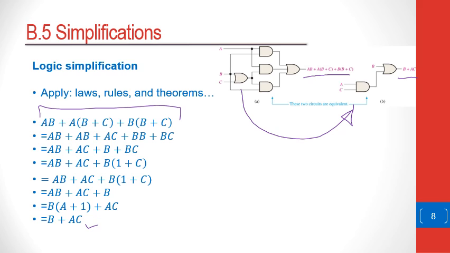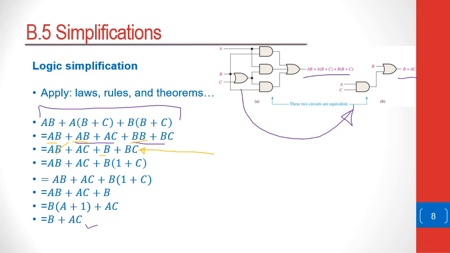So first of all, we can use the distributive law to distribute the brackets. Secondly, we can use the observation that we have A and B, so A and B can be represented by a single A and B. And then we have BB, which simply means B. And then we can rearrange this expression to this form.